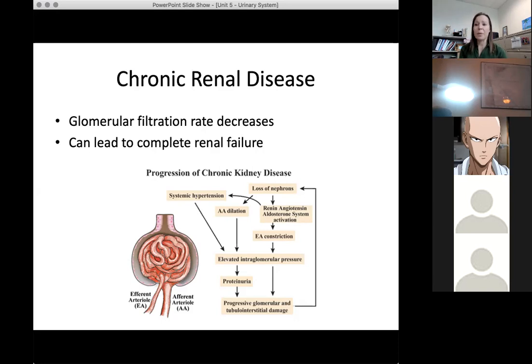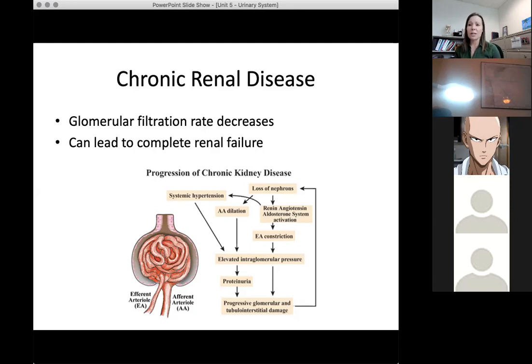Okay, so think about how that would negatively impact the body. If filtration rate is not as high as it should be, filtration isn't happening as quickly as it should, then that means wastes are going to build up in the blood.